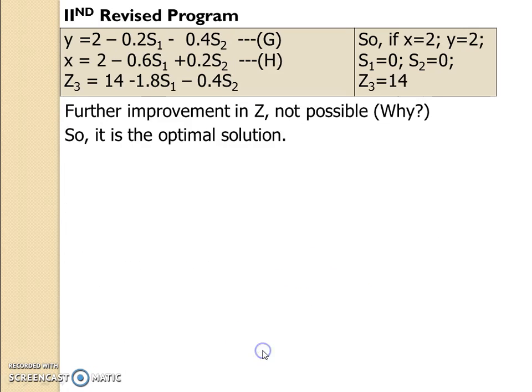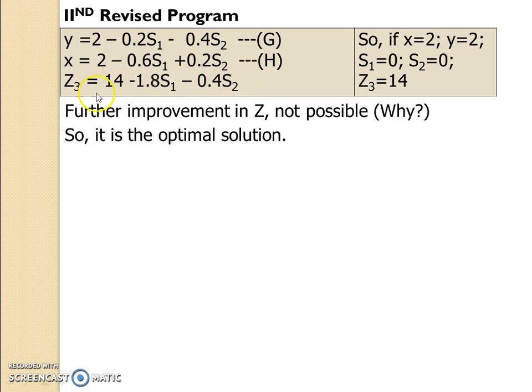So we get the second revised program. In the second revised program, we will have y is equal to 2 minus 0.2S1 minus 0.4S2, that is the earlier expression G. Similarly, the expression that we had obtained for x is H, and Z is modified to 14 minus 1.8S1 minus 0.4S2.